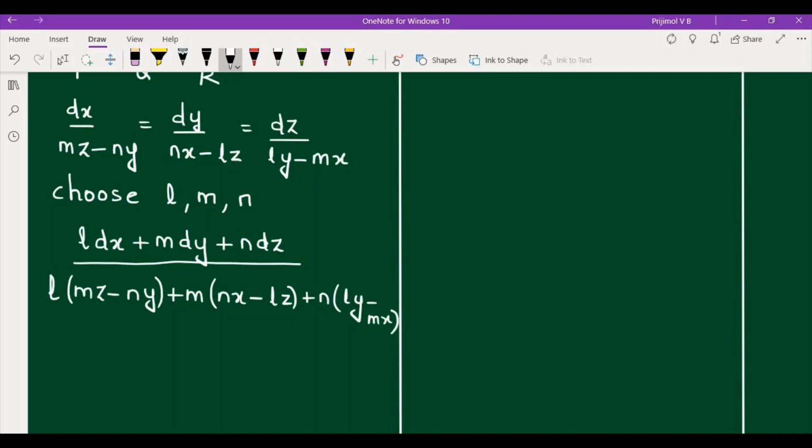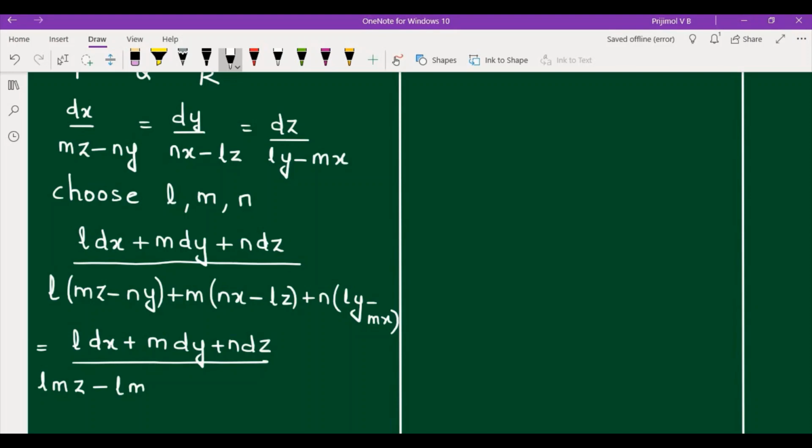Now let us open the brackets and find out what is this exactly, which is nothing but L dx plus M dy plus N dz the whole divided by, after opening the brackets we get lmz minus lny plus mnx minus mlz plus nly minus nmx.